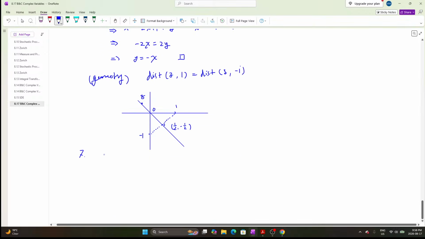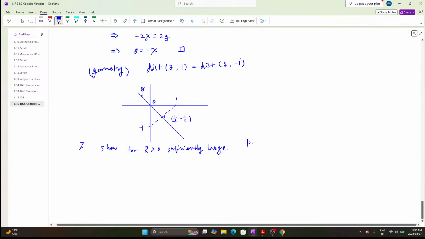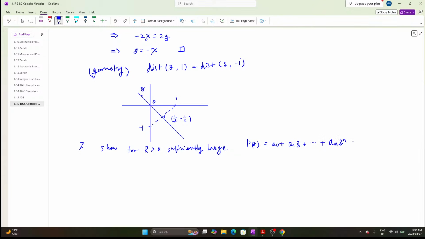We wish to show that for r, which is a real number, r positive sufficiently large, we have the following lower bound estimate for a polynomial. p of z, which equals a naught plus a1 times z plus all the way to the highest order term, which is an z to the n, satisfies the following inequality.